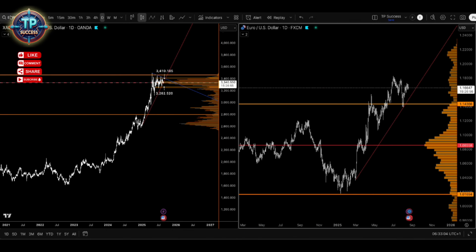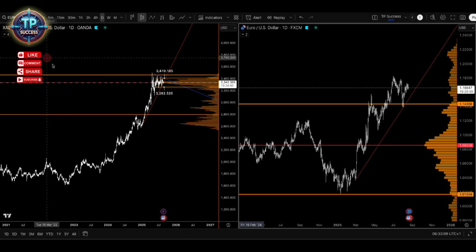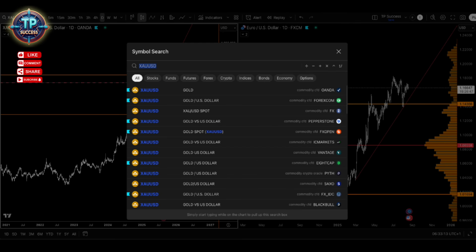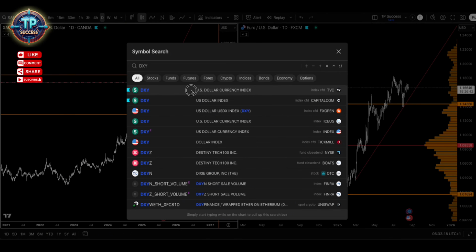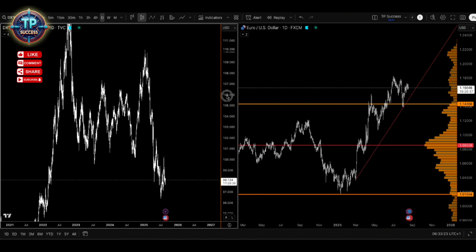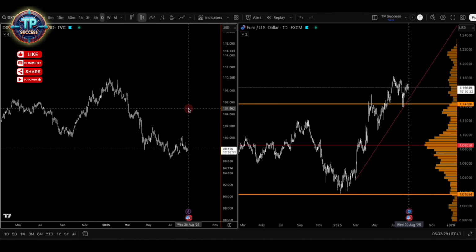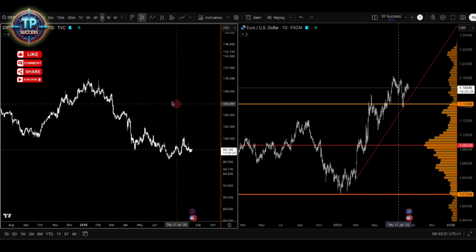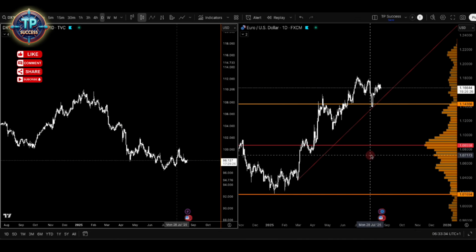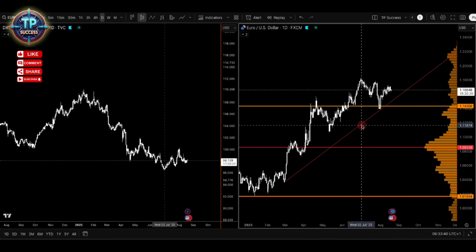So with that said, we're going to look at the DXY. Actually, we're going to look at the DXY on this side of the fence. So let's look at the DXY here. I mean, you see how that lines up, right?